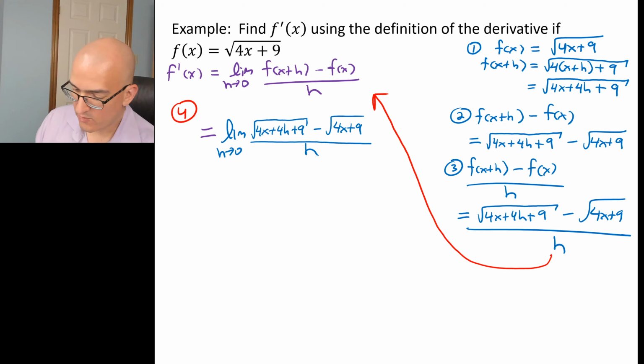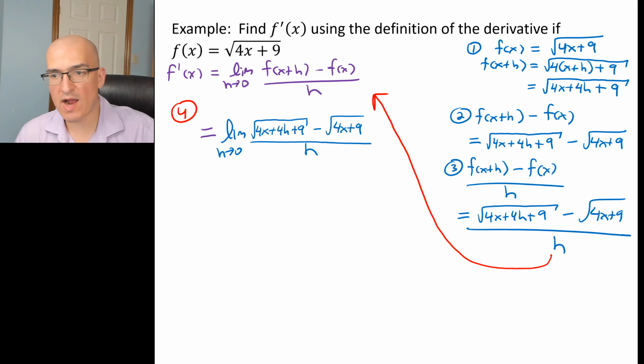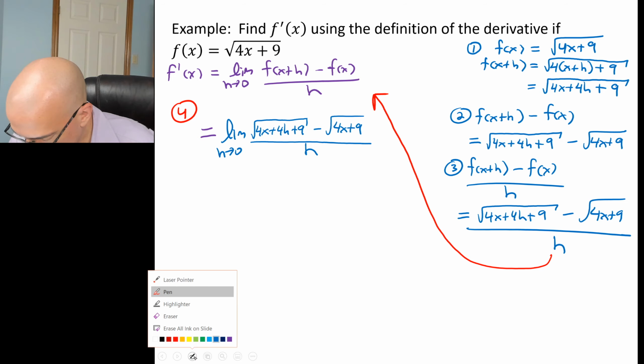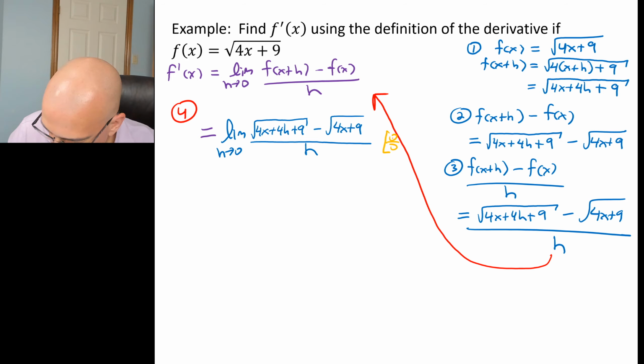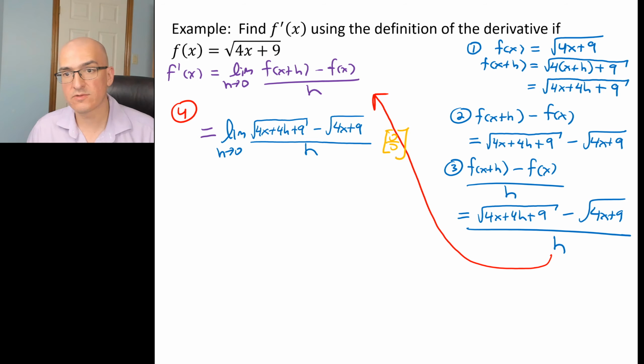Look what happens if you plug in 0 for h. You get root 4x plus 9 minus root 4x plus 9. So 0 on top, and plugging in h equals 0 gives you 0 on the bottom. 0 over 0. What do we do? You can't factor it, but you can do the rationalizing trick. Multiply by 1.